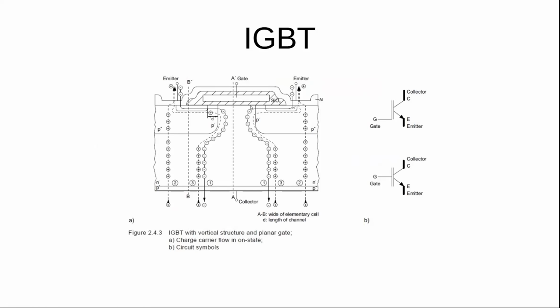That large gate voltage will open up this channel, so that electrons can flow from this N plus region, we're now calling it an emitter, into the N region. Through that channel that we've created, the VC is going to be a positive value.